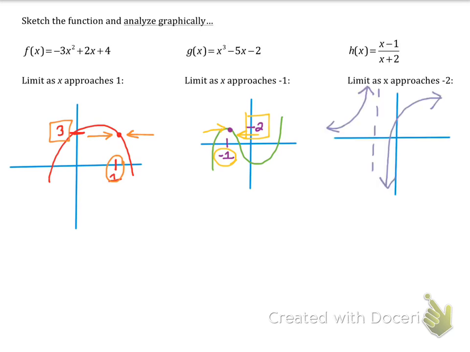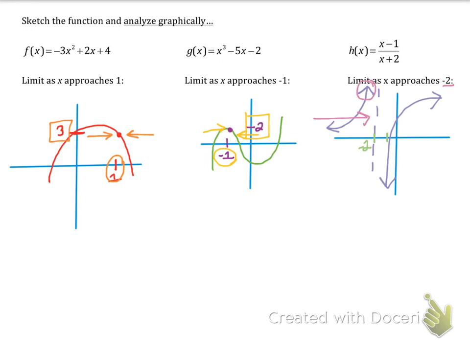Okay, and our last example is a rational function, and that asymptote is actually going through -2 right here. Okay, so if I come from the left side on my rational function here towards -2, because that's what I want, then my function is approaching positive infinity.